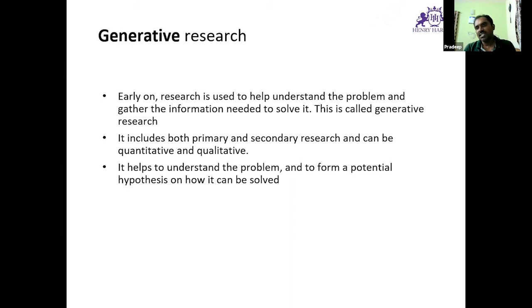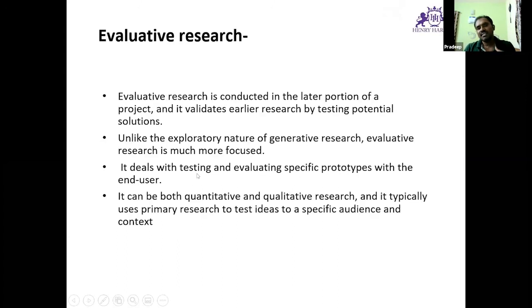So basically, the objective of generative research is to understand the problem and to form a potential hypothesis on how it can be solved. Now, evaluative research is conducted later on, especially when you have a prototype and you want to test it. In evaluative research, we focus only on primary research. Why? Any idea?